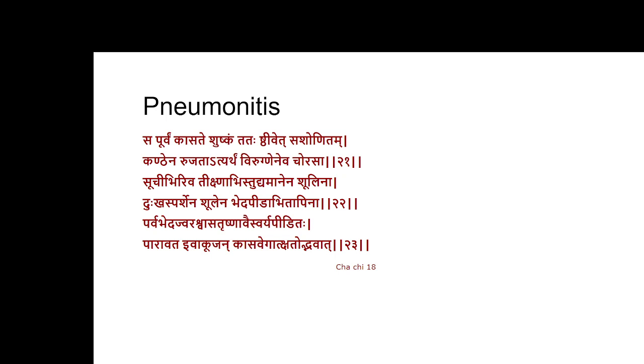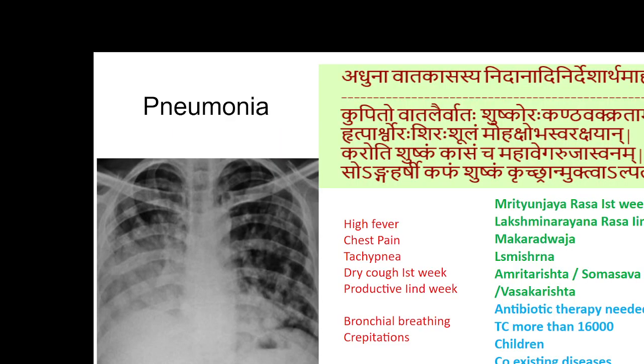It may result in features which look like kshatraja kasa, where there would be liquefaction, and then the clinical symptoms become more severe. That's exactly the clinical features of vataja kasa. Converting into kshatraja kasa is the typical picture of pneumonia, the consolidatory phase and the liquefaction phase.